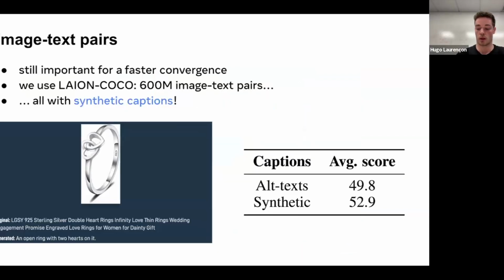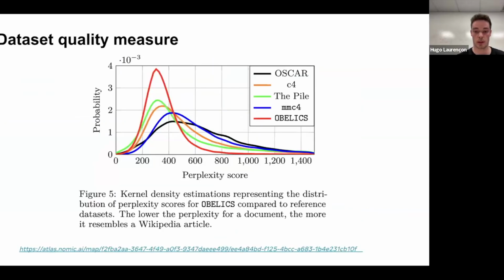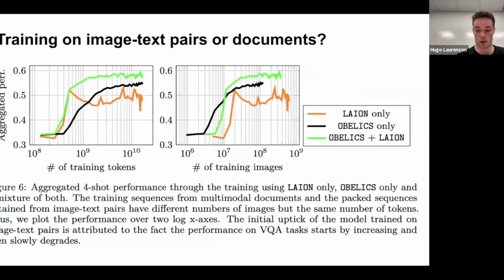And eventually, oops, I don't have the slides anymore, it seems, but we checked, oh no, it's just after. We checked also the performance of different models. Like one model trained on Lions, so image text pairs only.